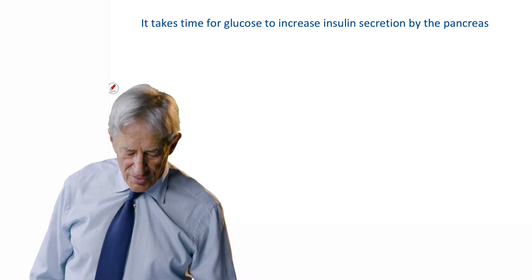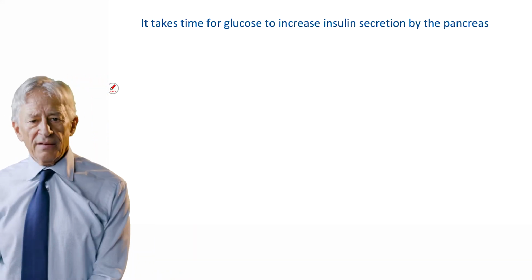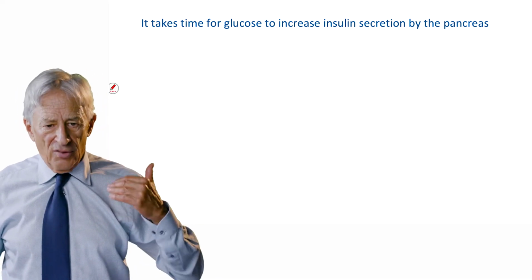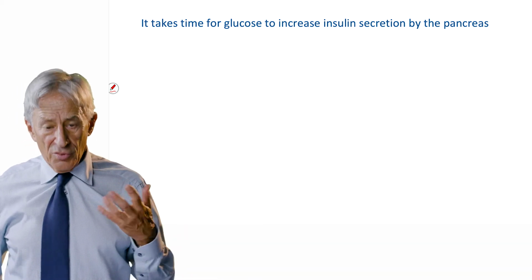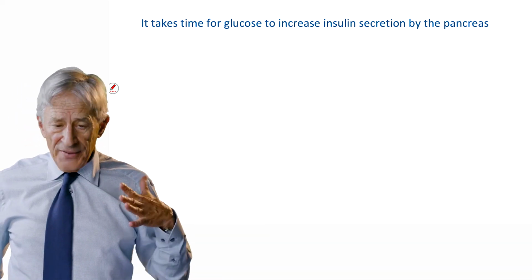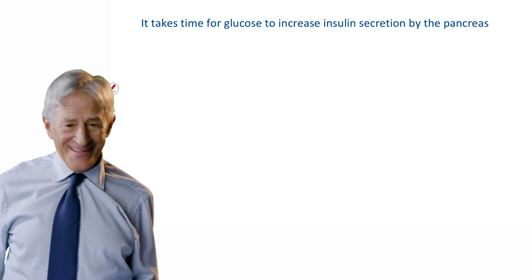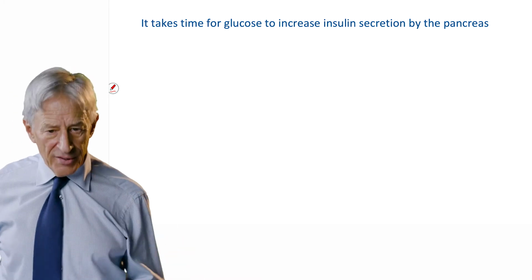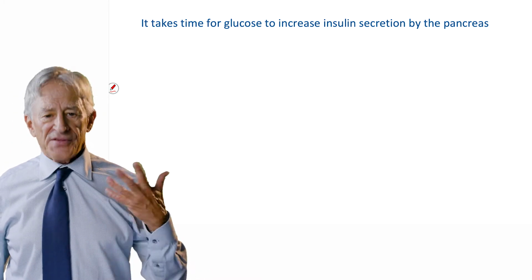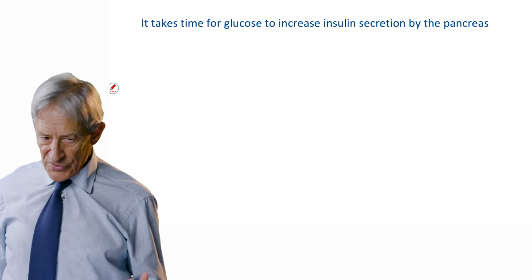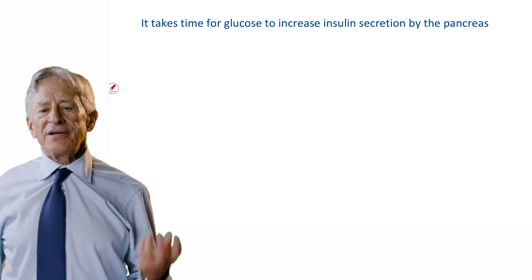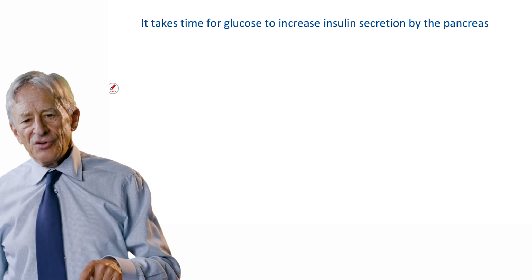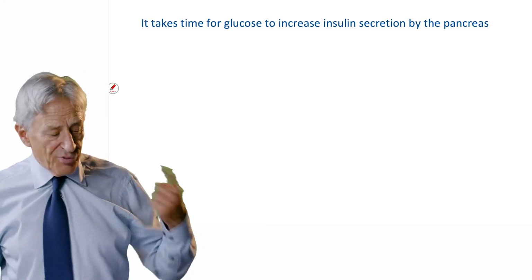And it's not correct because, once again, there are time delays in the system. You eat a meal, your blood glucose goes up. The insulin secretion by the pancreas is not instantaneous. It takes time for the pancreas to manufacture this complicated molecule called insulin, and there is therefore a time delay in the response of the pancreas to glucose in its production of insulin.